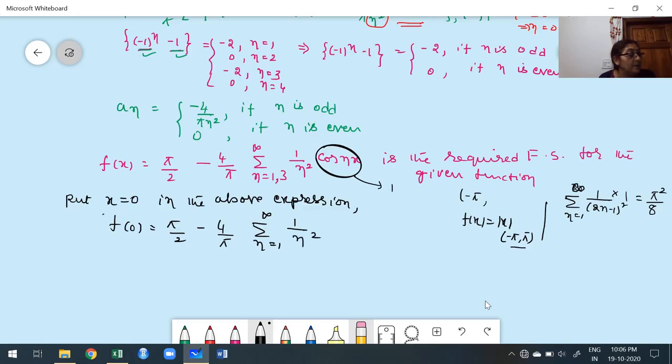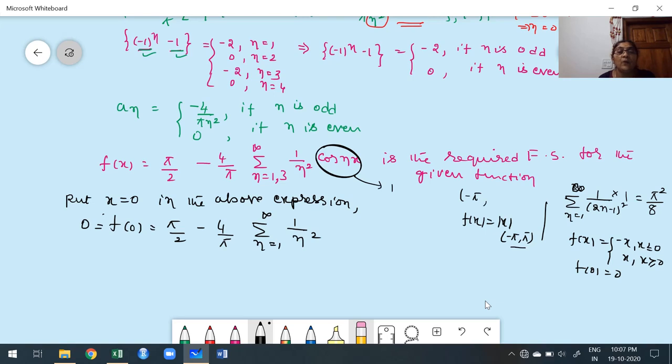In the next step, what is f of 0? Mod x, you already know that mod x is defined as minus x for x less than or equal to 0, x for x greater than or equal to 0. In both cases, f of 0 must be 0.